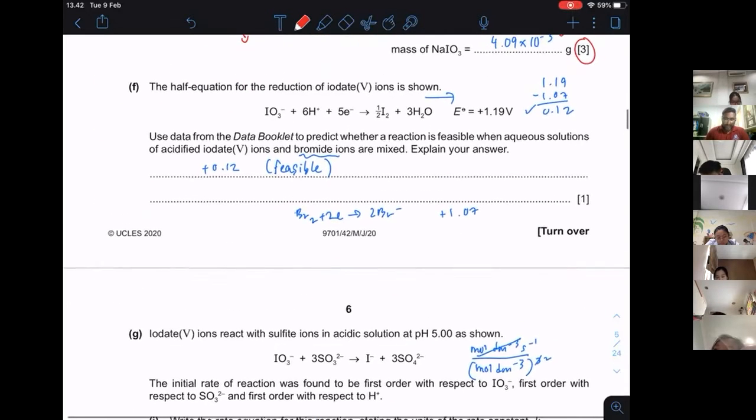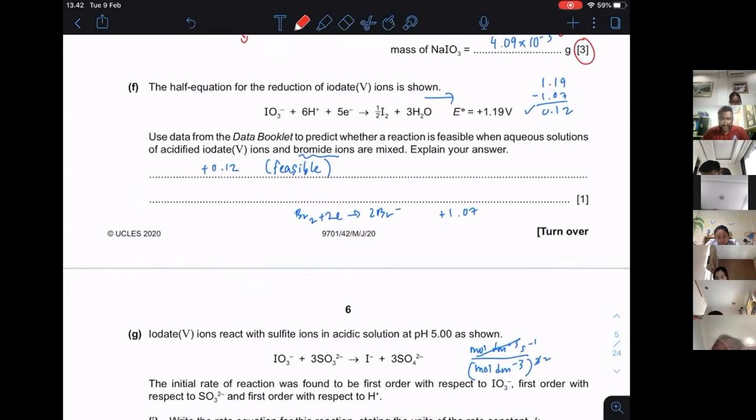The next one is the half equation for the reduction, which is given. Use the data from the data booklet to predict whether the reaction is feasible when you use aqueous solutions of acidified iodate ions. So when I mix that with bromide ion, I need to see whether the reaction is going to be feasible or not.